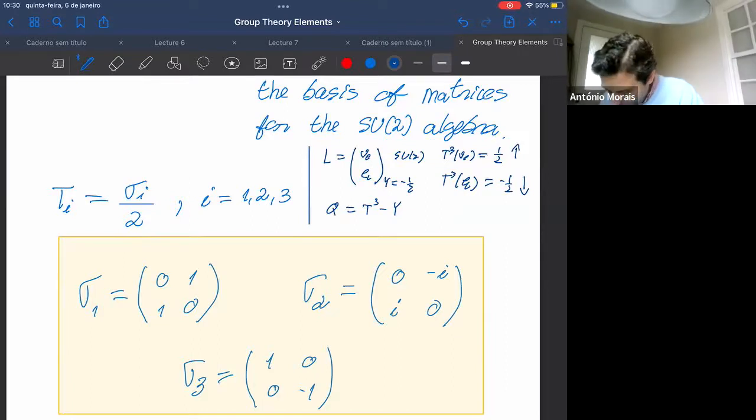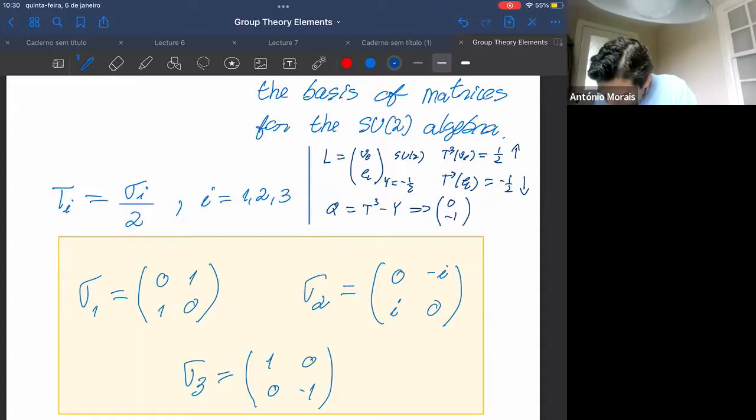And you see, when you sum, going into the definition of the electric charge, it gives basically 0 for the neutrino and minus 1 for the lower component.